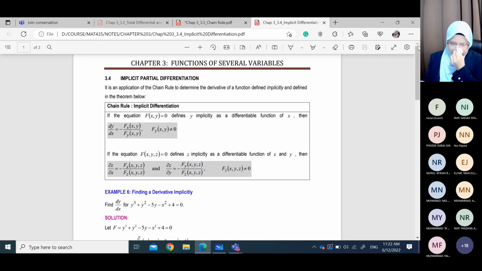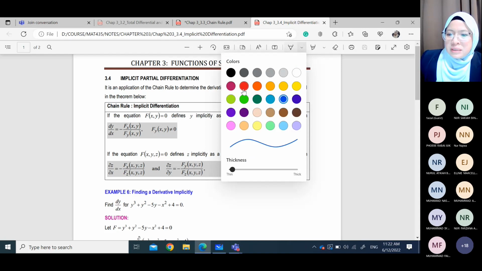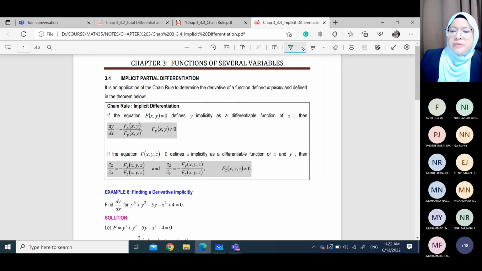The one just now was chain rule. So this one is about implicit. Implicit partial differentiation is also an application of partial derivative. It is an application of chain rule to determine the derivative of a function defined implicitly, as defined in the theorem below.